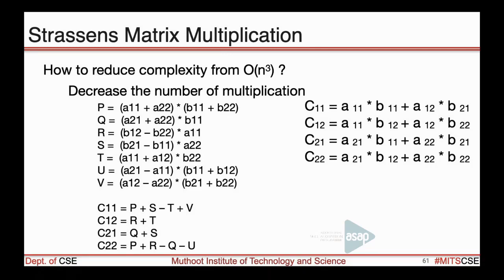But yes, it's true that the number of additions and subtractions are increased. But whenever we think about the complexity, it's all about the number of multiplications, because that's the one which takes more time. So he reduced the number of multiplications from 8 to 7.